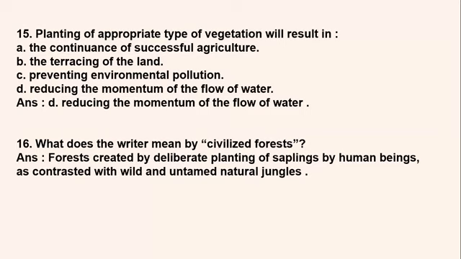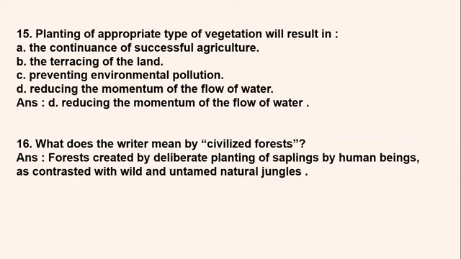If you plant proper trees and plants at the required areas, the flow of water will be stopped there. It will become slow and thus it will reduce its flow. So automatically when the water's flow is reduced, the soil erosion will also not take place. So your answer is D, reducing the momentum of the flow of water.